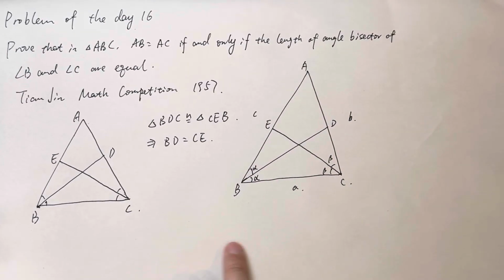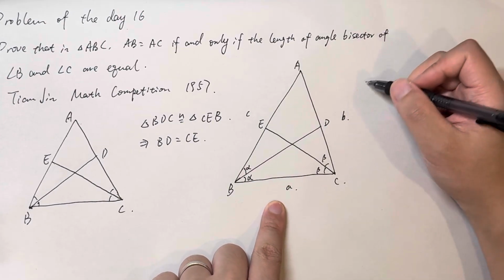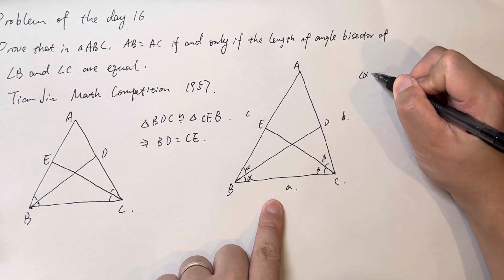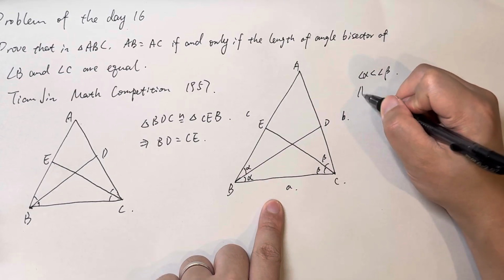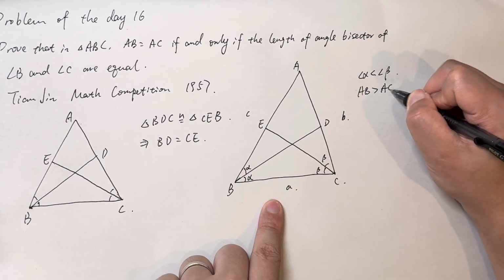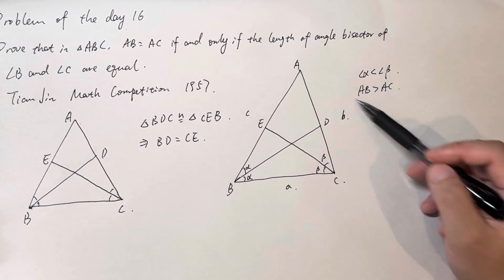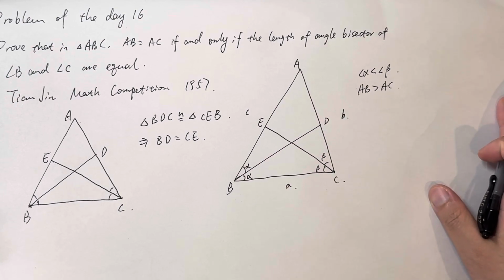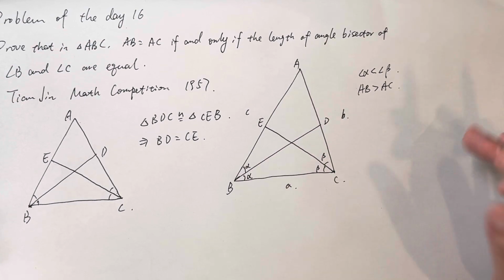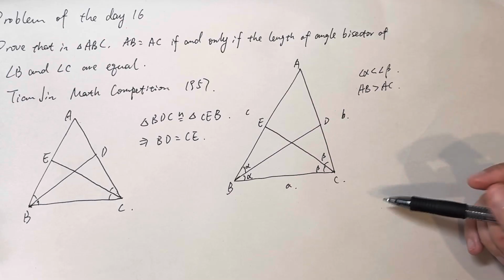As you can see in this figure, I drew it on purpose so that angle alpha is less than angle beta, which means AB is larger than AC. That's our assumption. We assume they are not equal, and we will see there would be a contradiction, which means this assumption is invalid, which means AB equals AC.